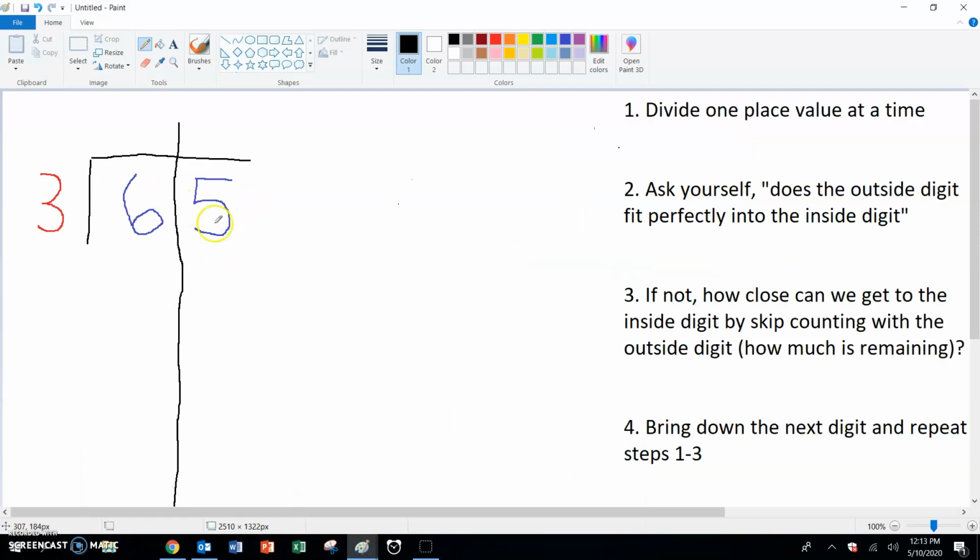This 65 could refer to anything. It could be $65, 65 toys, or 65 pencils. We don't know what object it's referring to. What we do know is that we are taking these 65 objects and dividing them into 3 equal groups.